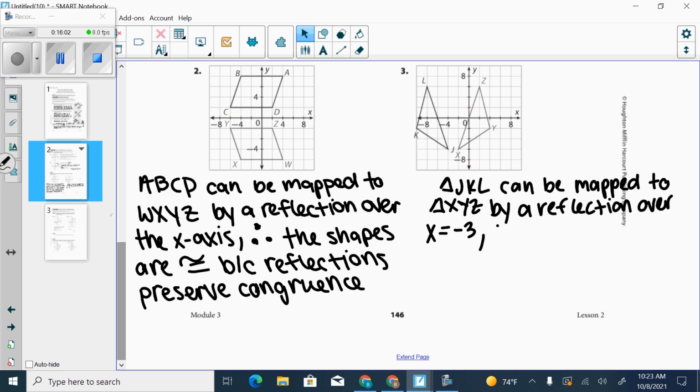And then you would just copy and paste basically what we said at the end over here. Therefore, they are congruent. You can just put it here, same as number 2, because they are being reflected, and reflection does hold congruence.